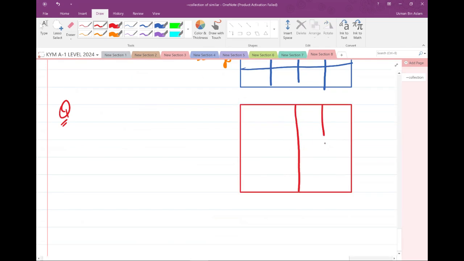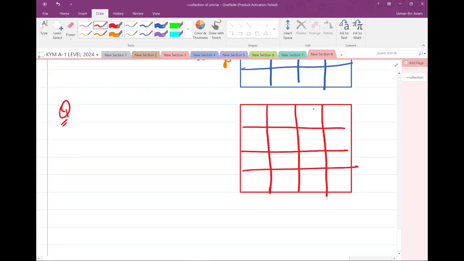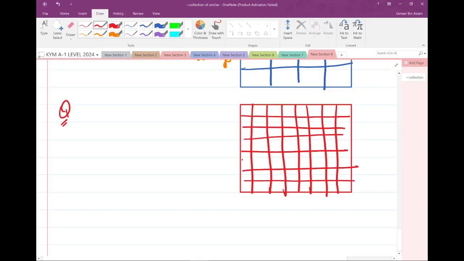This is a diagram that will be given in the question, the graph given in the question paper.